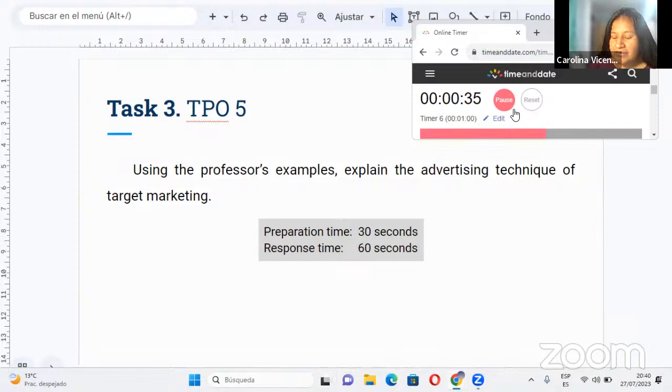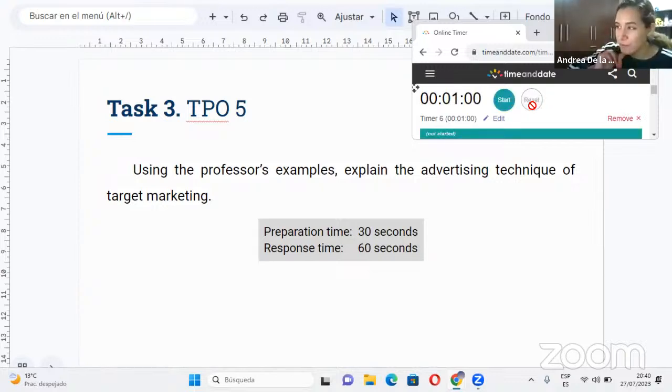It was the same cell phone, but the technique is that they are going to make a different commercial for young people and a different commercial for, I don't know, people that are like businessmen or something like that. They are going to show how fun it is for young people. And in the other commercial, they are going to show how efficient the cell phone is for businessmen or businesswomen. And that is the difference about the technique of target marketing.